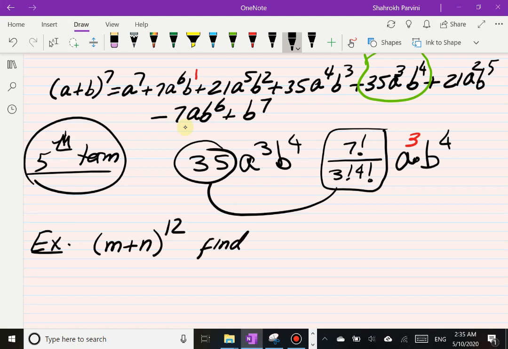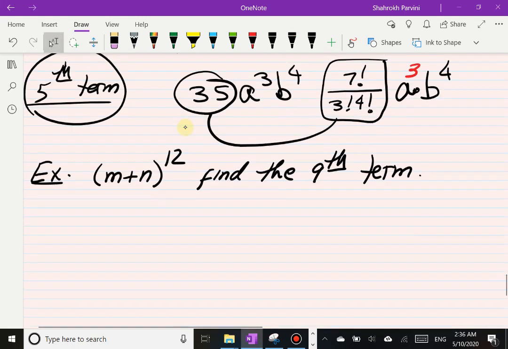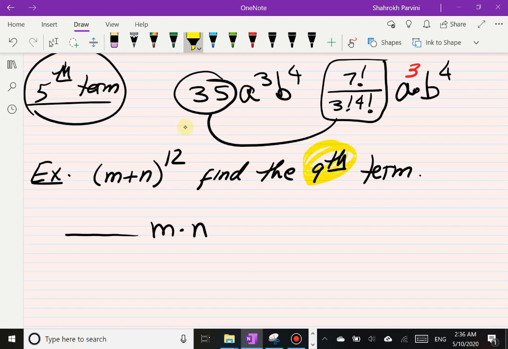The question is find the 9th term in that expansion, a single term. So for the 9th term, again, m and n will be side by side. Here's the fraction in front. The exponent on n is going to be what? This is the 9th term. The exponent on n is going to be 1 less than that. It's going to be 8.